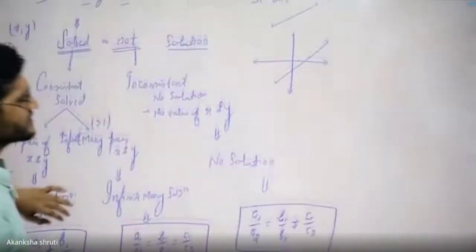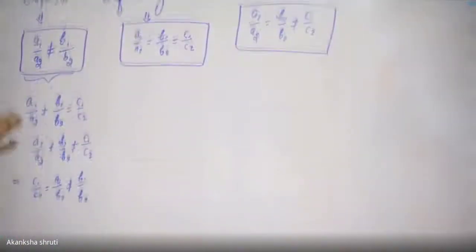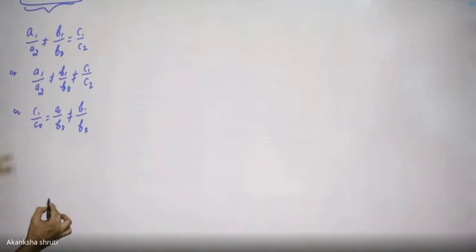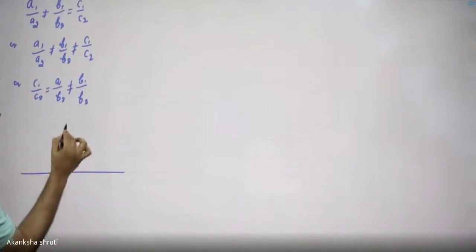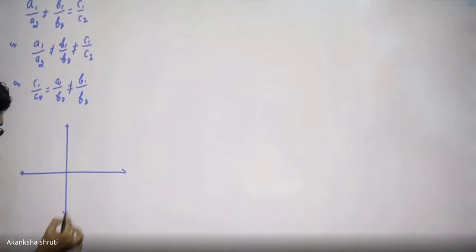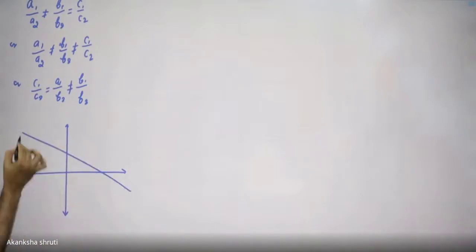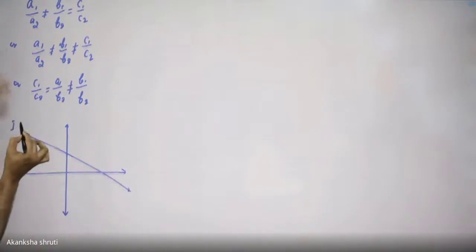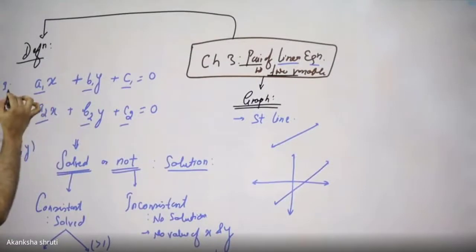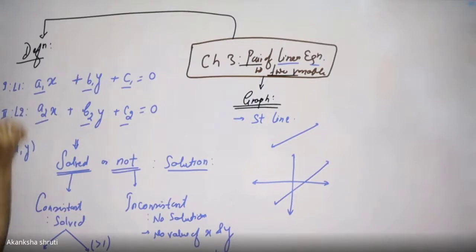So students, if we are drawing for these three possibilities, three kinds of graph arise. The first one is for the unique solution. Say this is line 1, and this is line 2, graphically they will represent lines.